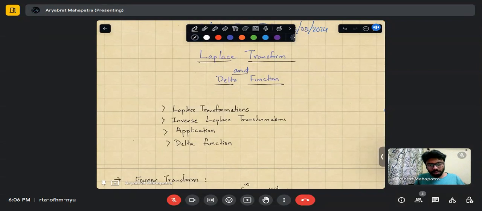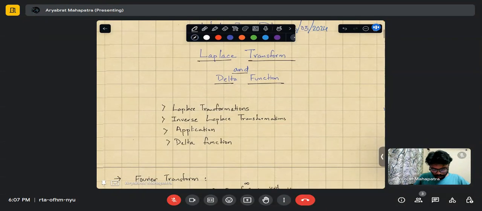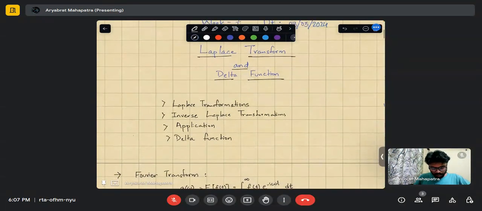Ordinary differential equations we have been discussing quite a lot. I think maybe the last 2 weeks we spent time on that, and then we'll talk about what the delta function is.